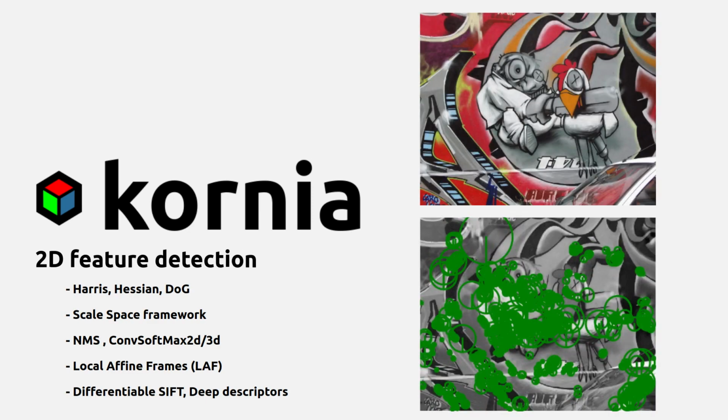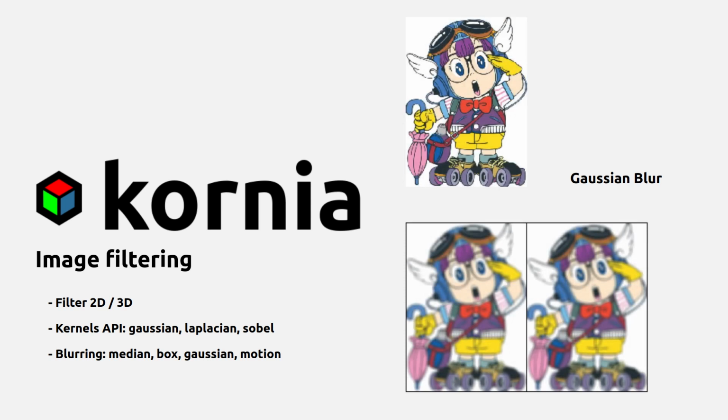Then we have a whole module dedicated to feature detection, like the Harris and Hessian detectors, for people working on local features. Then we have another module for image filtering, implementing very basic algorithms for image smoothing, for example.